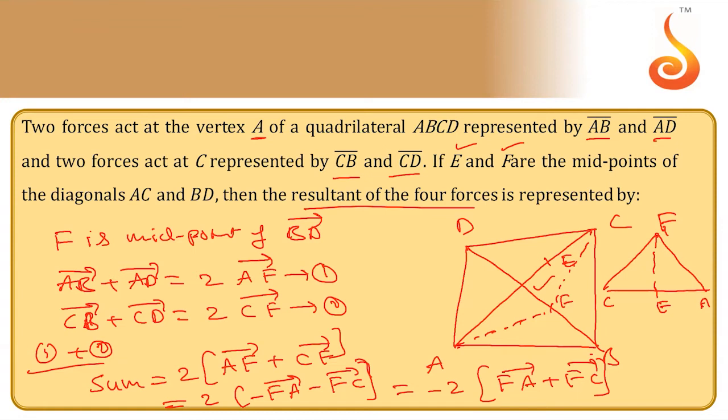So this is minus 2 into 2 times FE, which gives minus 4 FE, and that equals 4 EF. The final answer is 4 EF.